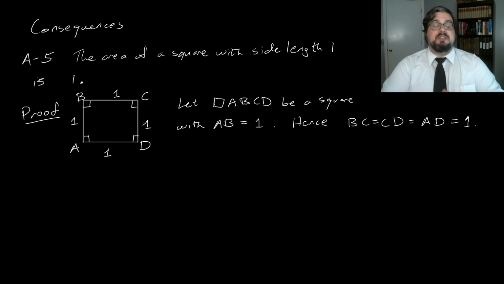And that's because we know that a square is a parallelogram and a rhombus, which means that all of its side lengths are equal to one another.